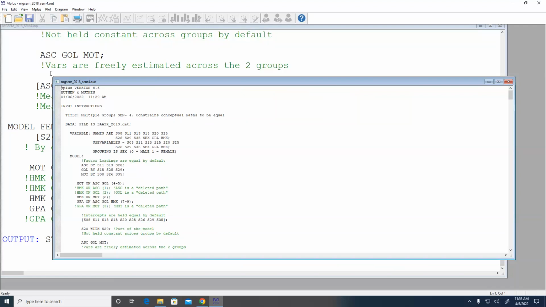But the reality is that you can just constrain that one path, and the chi-square difference is not statistically significant. I think the chi-square difference with 1 degree of freedom is less than 1. So it looks different, but it's just a very noisy estimate.